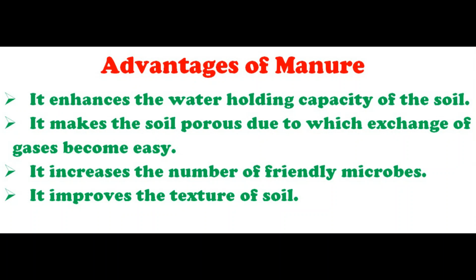Soil gets enriched. So these are the advantages of manure. And fertilizers, since they are chemical inorganic products, sometimes overuse of them harms the soil as well as the crop, and finally ourselves a little more. It is better to use the natural manure.